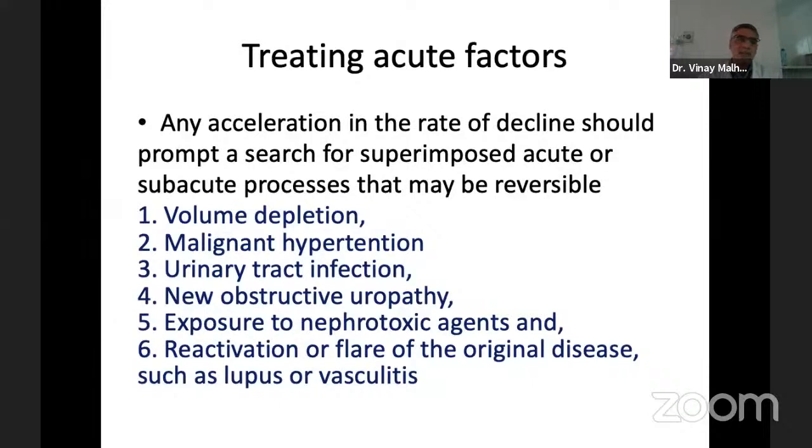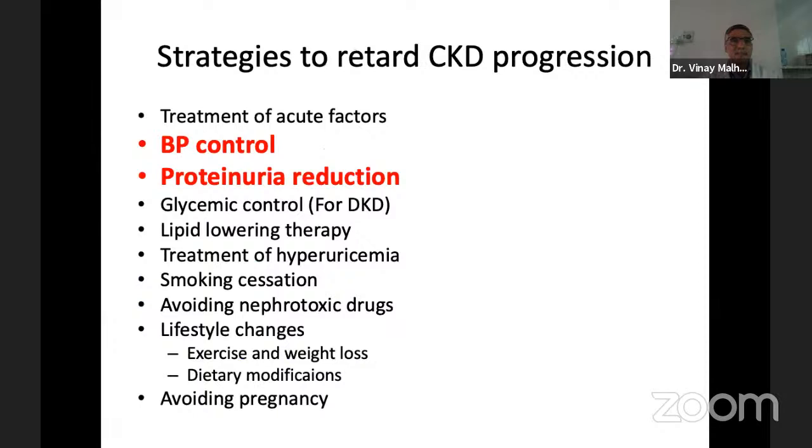And then sometimes there can be reactivation or flare of the original disease which led to the CKD, like SLE or lupus nephritis or vasculitis. So these are the acute factors, and we all should know these factors. Whenever a patient comes to us with sudden deterioration in GFR, we should look for these factors.